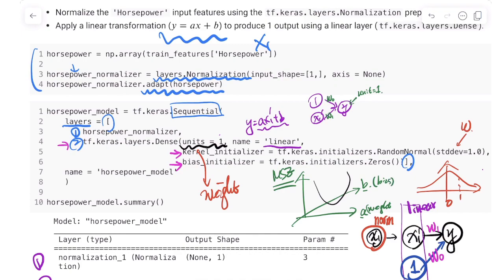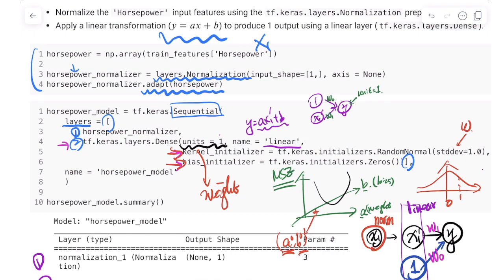The first step is to randomly select one a0 and b0 as the starting point. So these two parameters indicate how you select the very first a0 and b0. The kernel initializer will randomly generate those weights, and the bias initializer will create the initial bias value, the initial b.